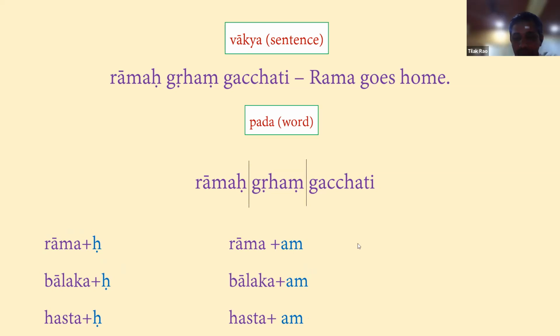Or Gacchati, Pathati, Likhati, Karoti, Ti is something common. So we can divide a sentence into words, and even in words, there is something very common. There are some common letters: in Ramaha, Balakaha, Ha is common. Ramam, Balakam, Am is common. Gacchati, Ti is common.